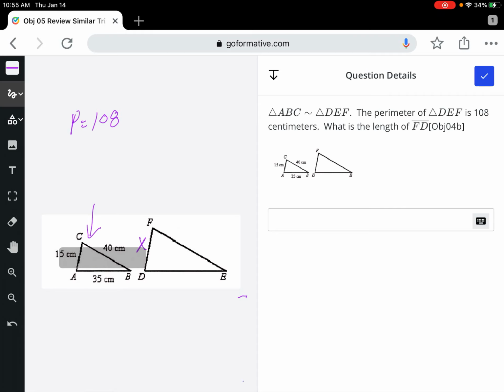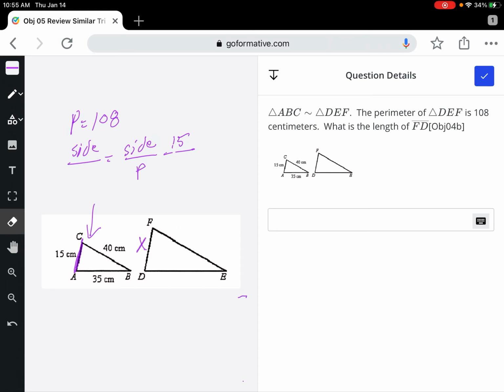Now, I know side over perimeter equals side over perimeter. So for this one, side is 15 over the perimeter, which, sorry, is not 108.